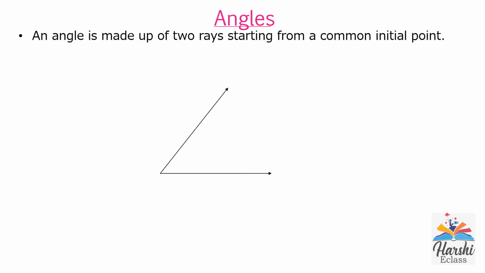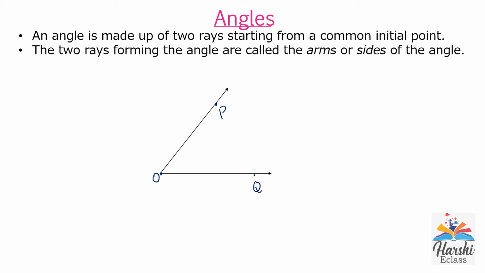Now in this figure, there are two rays, ray OP and ray OQ. They both meet at a common point that is called O. The two rays forming the angle are called the arms or sides of the angle.